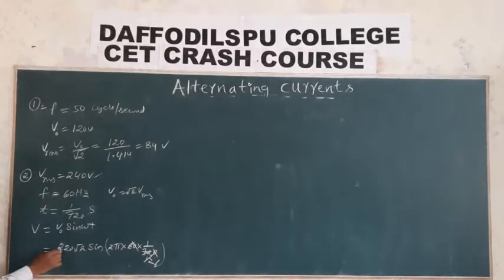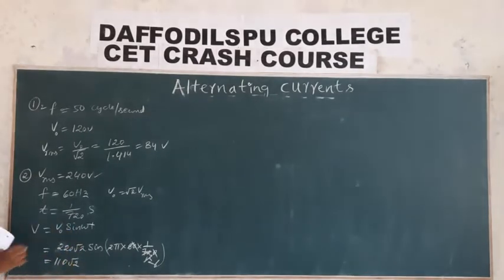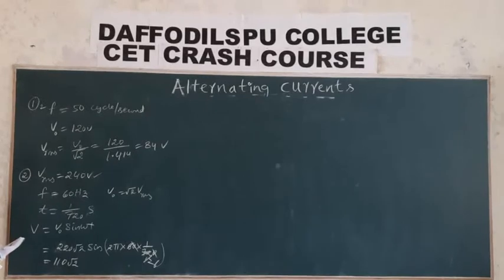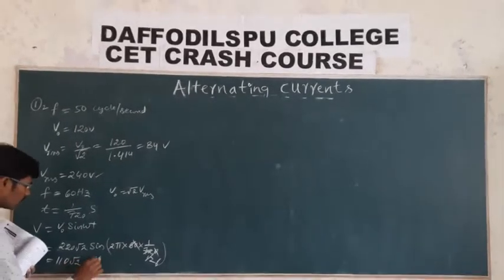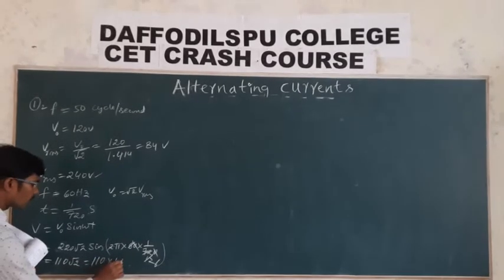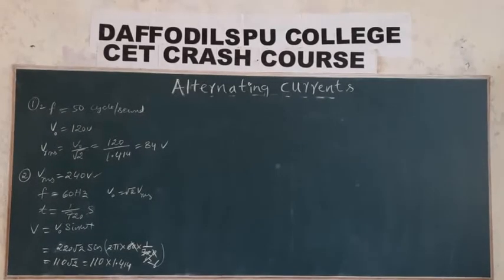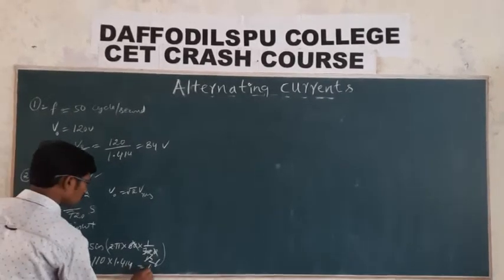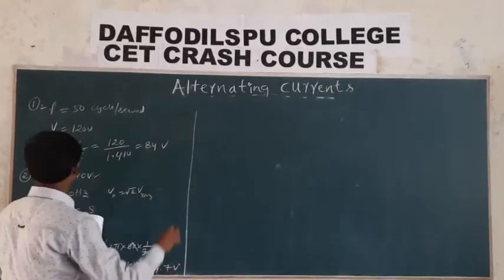So 220 by 2 means 110 root 2. 110 into 1.414, which is what I get here? Around 169.7 volt. Let us see the third one.